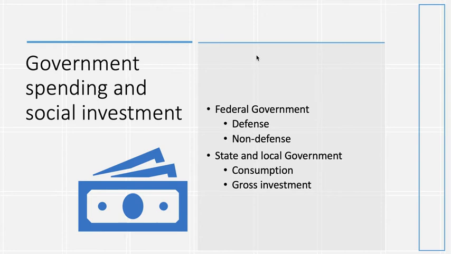And then there's a gross investment category for state and local government, because state and local government also builds infrastructure. They build schools, they build town halls, they build roads, water systems, what have you. And all of that money gets accounted for in GDP under the government heading.